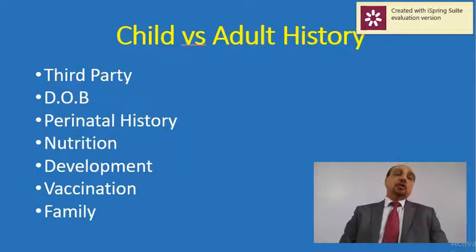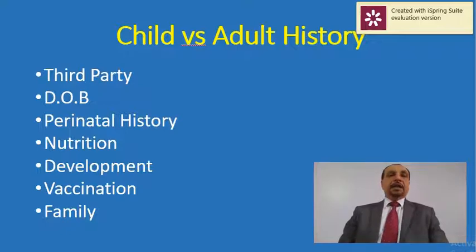Again, it is not logical when you take the adult history to ask the adult patient about when his mother was pregnant with him and how his delivery was, crying immediately after birth. But of course in children it is very important, because we have many problems related to the health of the baby, maybe congenital infections, perinatal asphyxia, and so on.